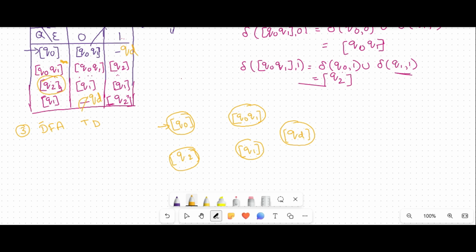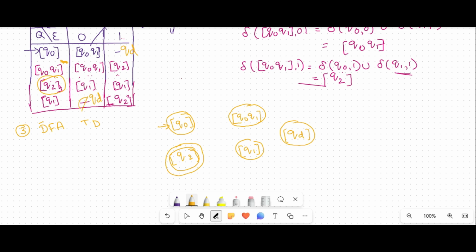But here Q2 is not present in those, so only Q2 is the final state we have to consider. I am marking the final state with a double circle. So now Q2 is the final state.